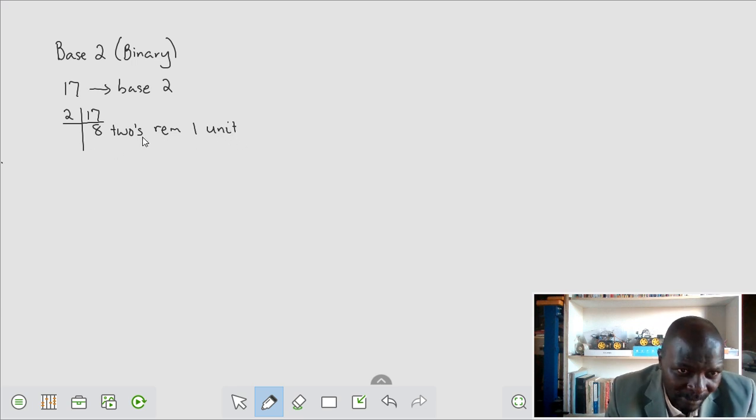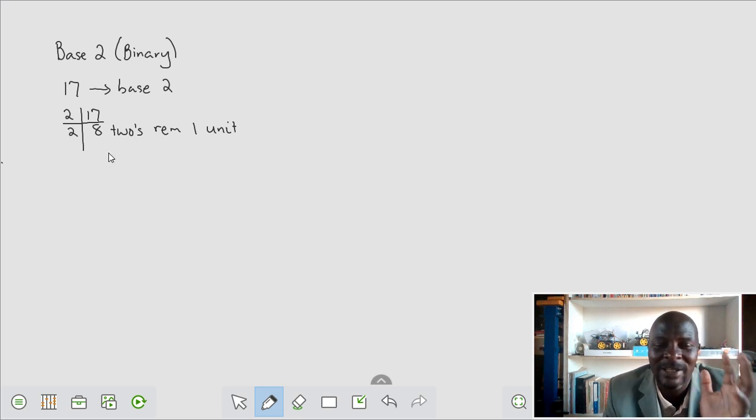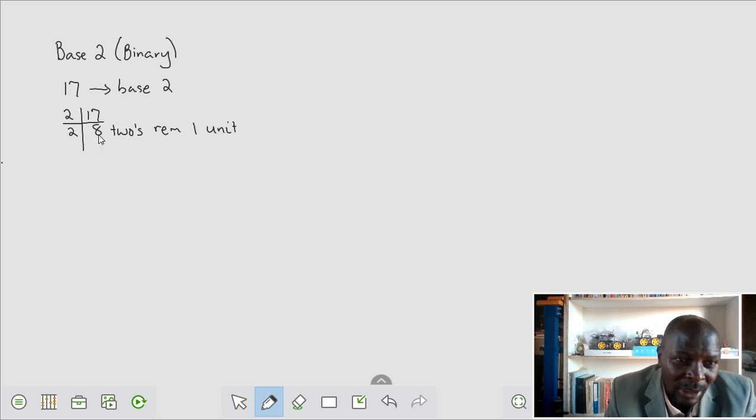So we say, do we have further sets of 2? We're counting in twos now, so we're looking for further sets of 2s. If we get sets of 2s, we're looking for 4s now, because 2 times 2 is 4. Yes, we have 2 more here, and it will give us 4.